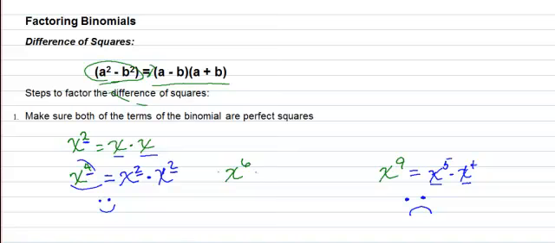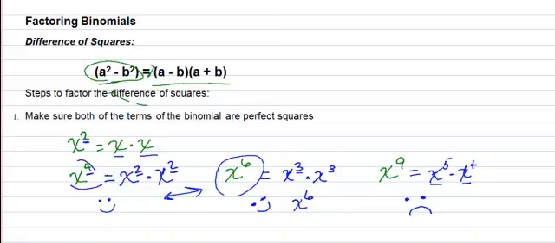Now, x to the sixth, which doesn't appear to be a perfect square, is a perfect square because x to the third times x to the third, keep the base, add the exponents, so 3 plus 3 is 6. So this is a perfect square. The fact of the matter is that we could keep going on this, we could keep doing more.